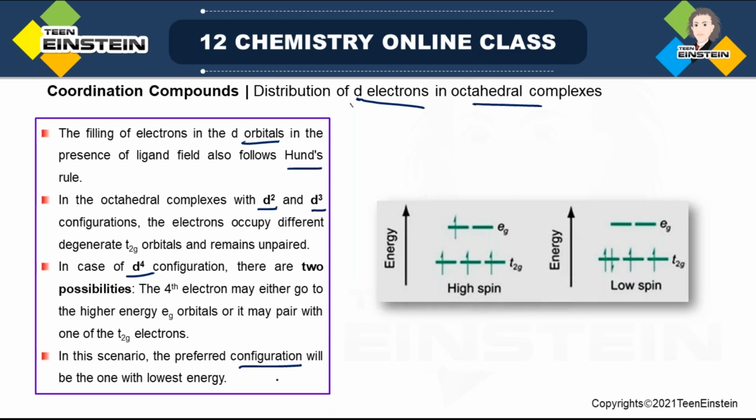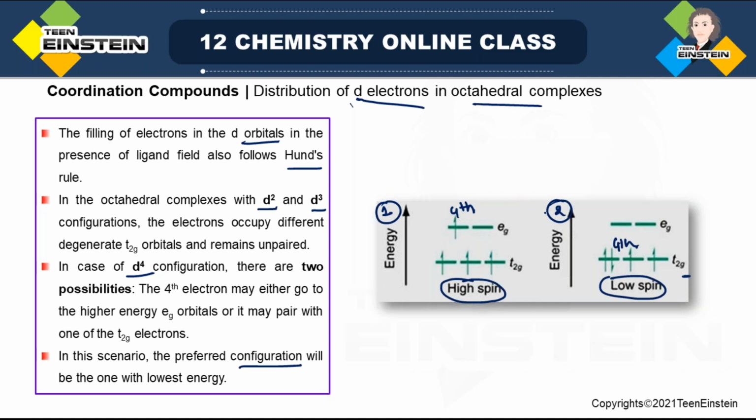So look at these 2 possibilities. In the first possibility, we are placing the 4th electron in eg, and in the second possibility, we are placing the 4th electron in t2g, not eg. This is known as high spin, and this is known as low spin. So probably you have heard of high spin and low spin complexes. This is the meaning. Suppose this is condition number 1 and this is number 2.